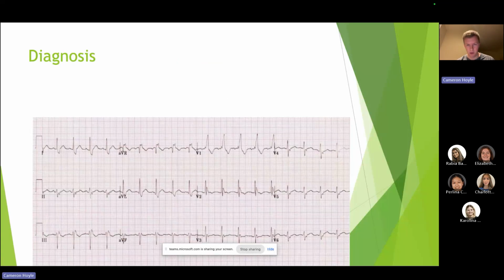So in this one, what would be the diagnosis? Any thoughts?